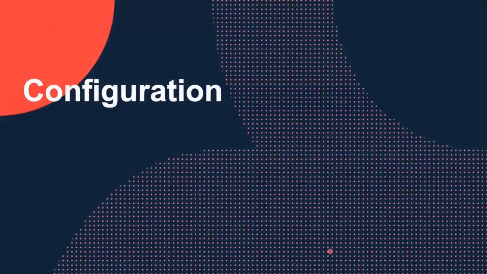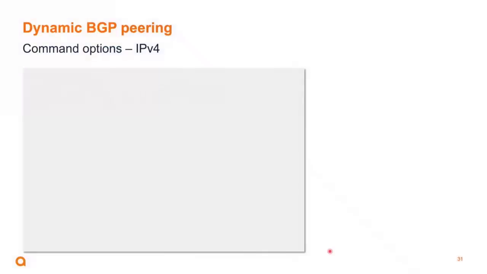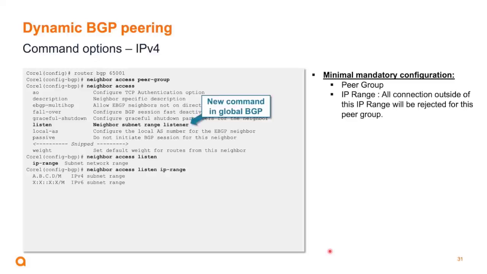So now let's discuss the configuration of this new feature, dynamic BGP peering. First, let's look at the different configuration options. As we already mentioned, the first thing to do is to create a peer group, which is the base element of this new feature.